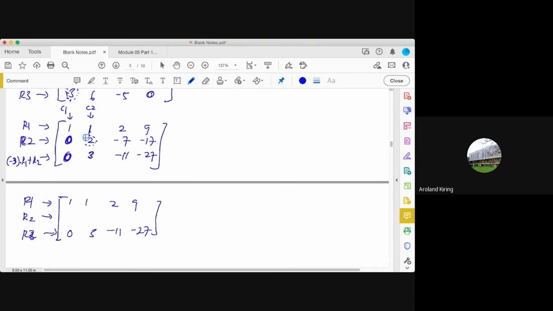So we're going to change this 2 to become 1, so we can multiply by a constant. Okay, so we multiply by 1 over 2. That gives this 0, 1, -7 over 2, and -17 over 2. Okay, so you can see that this one already became 1.